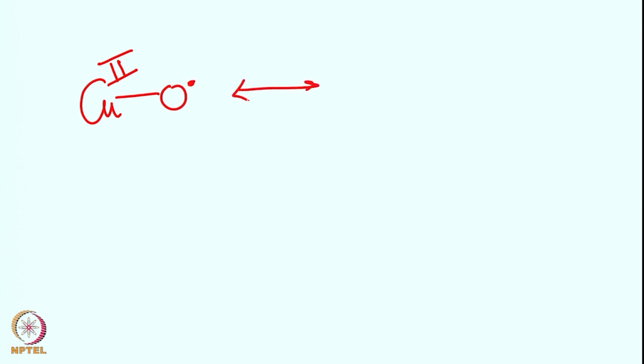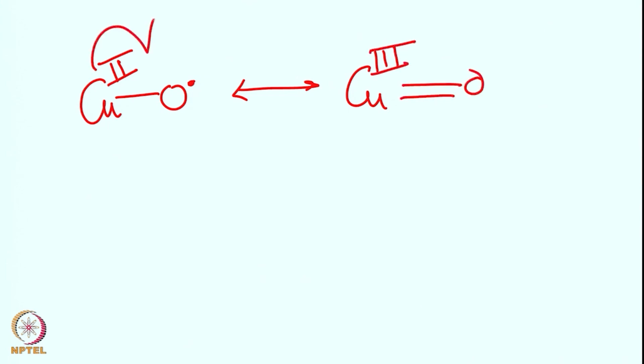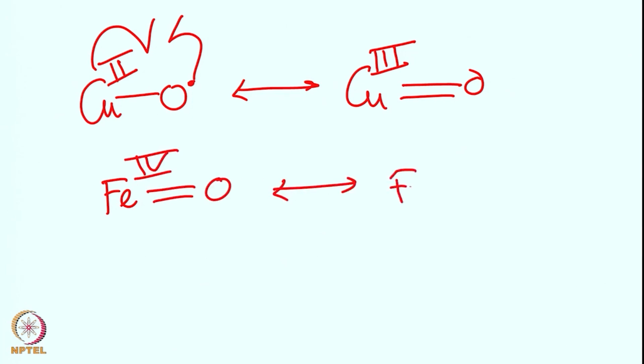This is exactly the same as Cu3 double bond O, because this will give an electron to form that. Similarly, for example, if we are talking about the iron 4 oxo species, this is also nothing but iron 3; these are the same species, and in a different form one can write iron 3 O dot.